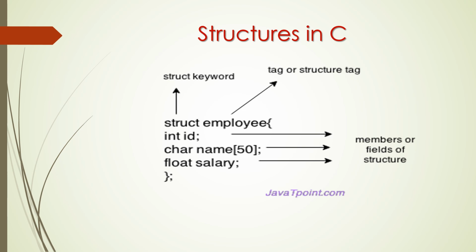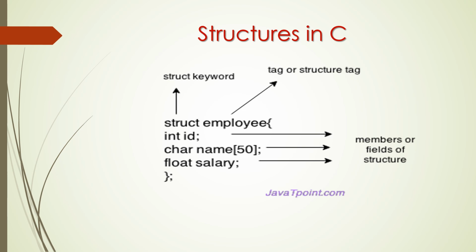Next, char name[20]. This is a character array that stores the employee's name up to 19 characters plus the null terminator. Next, float salary. This stores the employee's salary as a floating point number.